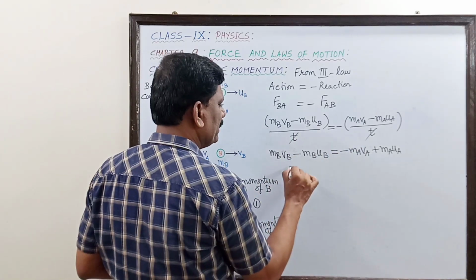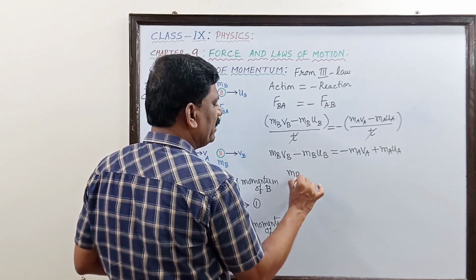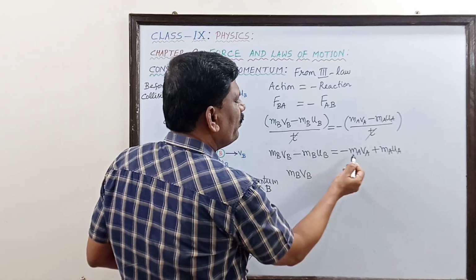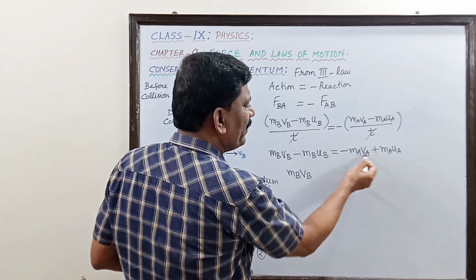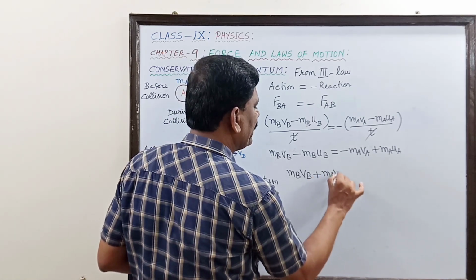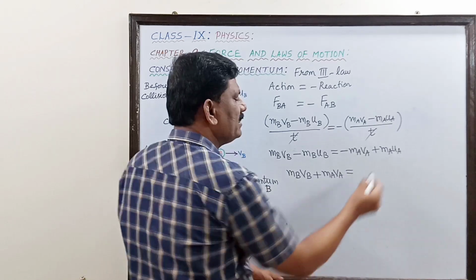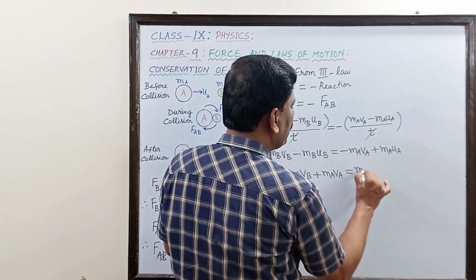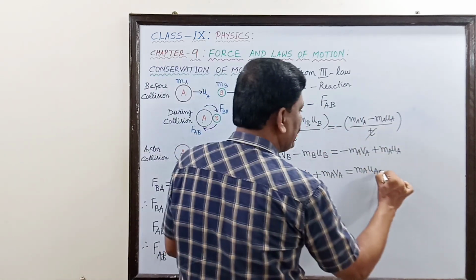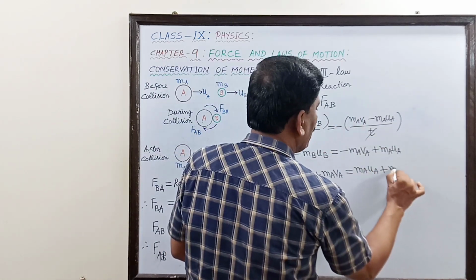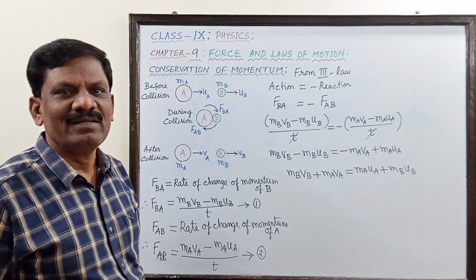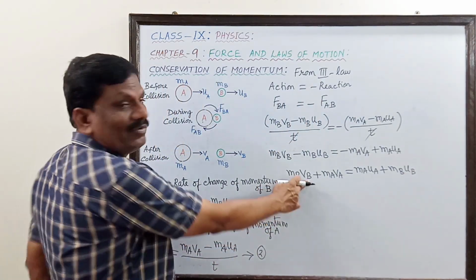So now here this MB into VB positive and you bring this negative MAVA, it will become positive on the left side. So plus mass of A into VA and this is equal to MA into UA. This negative term you shift to the right side. So this will become MB into UB.